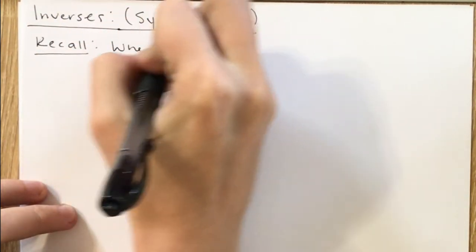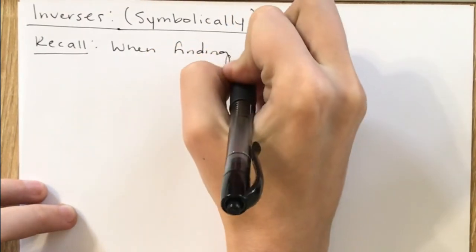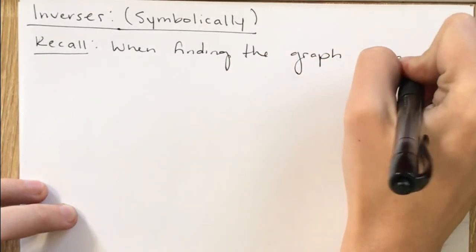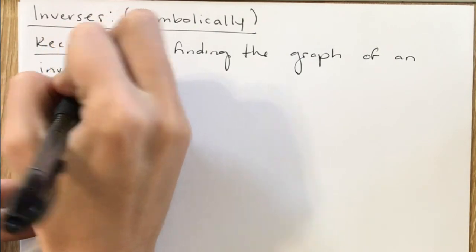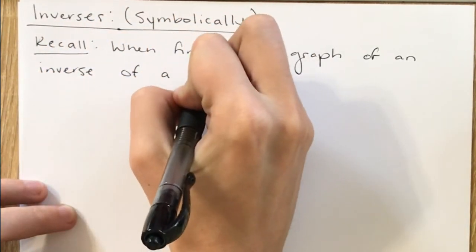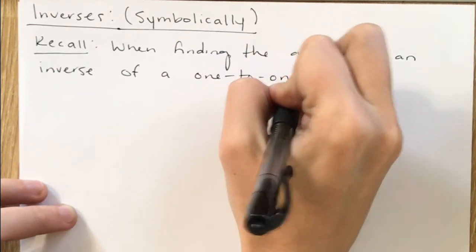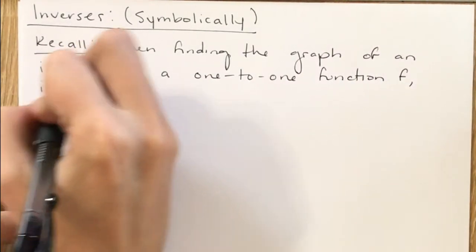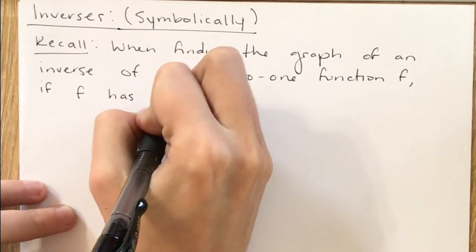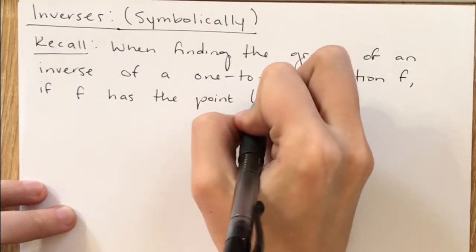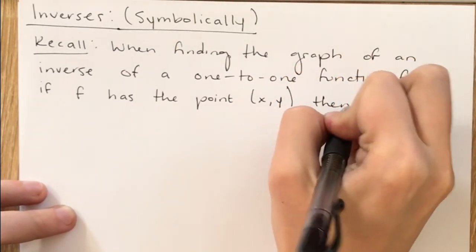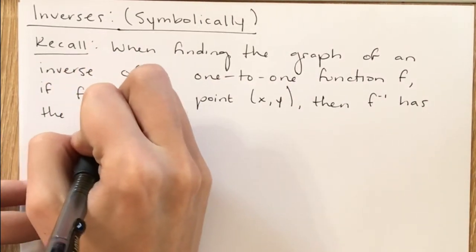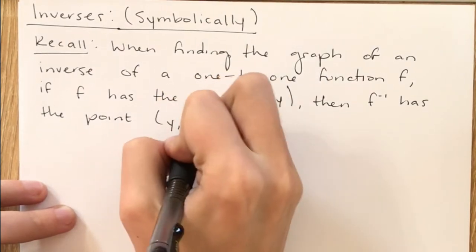When finding the graph of an inverse of a one-to-one function f, if f has the point (x, y), then f inverse has the point (y, x), right?